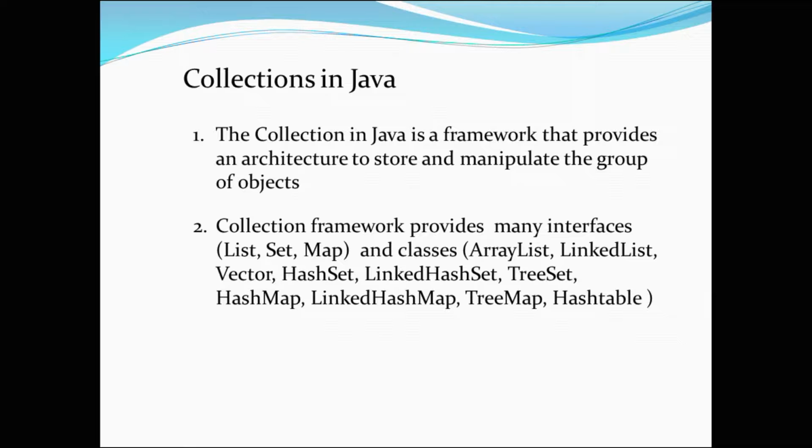On the other hand, Set collection classes like HashSet, LinkedHashSet, and TreeSet are unordered. And the Map collection classes are HashMap, LinkedHashMap, TreeMap, and Hashtable, which store the elements in the form of key and value pairs.